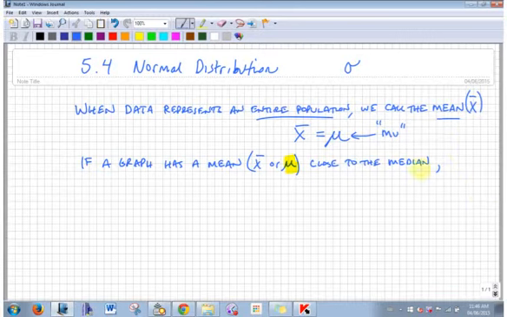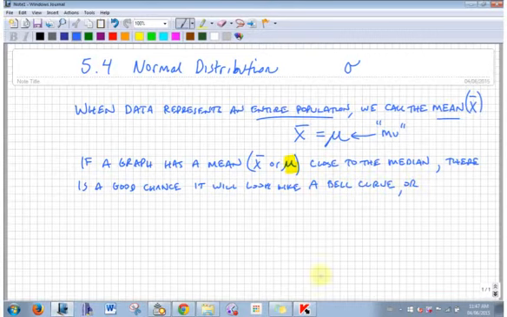If a graph has a mean, known as x bar, or now we call it mu, if the graph has a mean close to the median, you remember the median? The median's the middle point of a bunch of data. The mean is like what you used to call the average. There was also mode too, wasn't there? Three types of averages. So if a graph has a mean close to the median, there is a good chance it will look like a bell curve. Or what's another word for a bell curve?